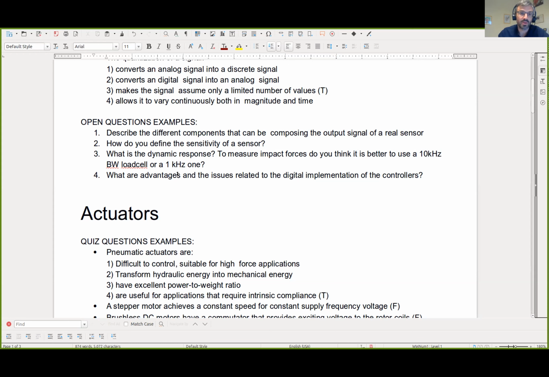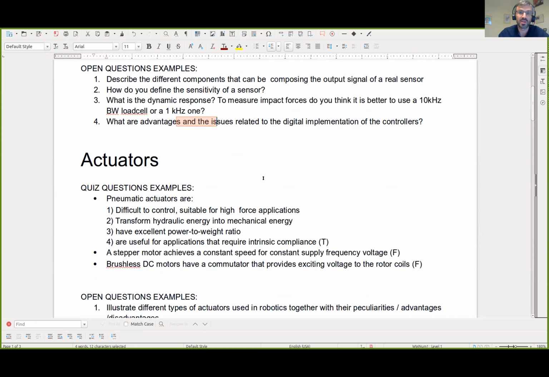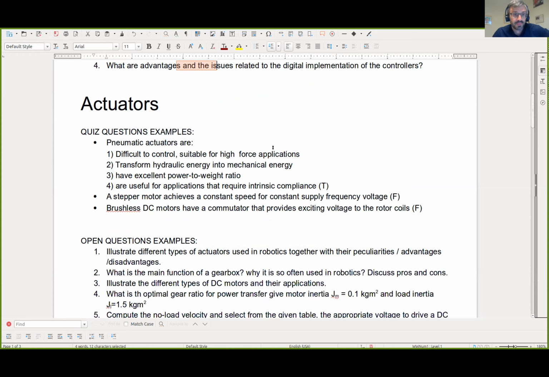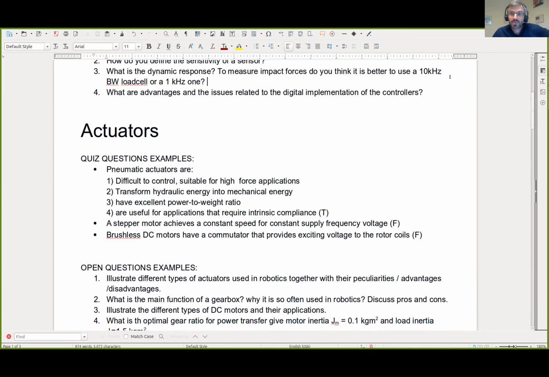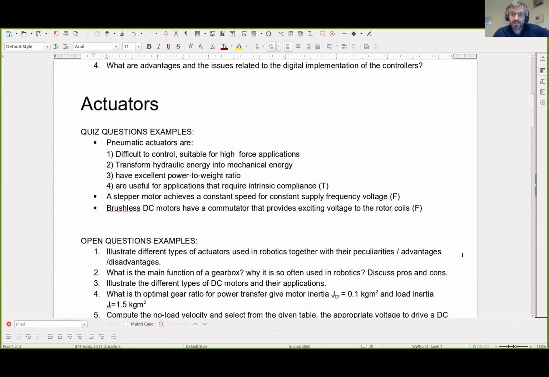And what are the advantages and the issues related to digital implementation of the controller? You remember these are related to phase delay, quantization noise, and aliasing effects. So write some description about this.